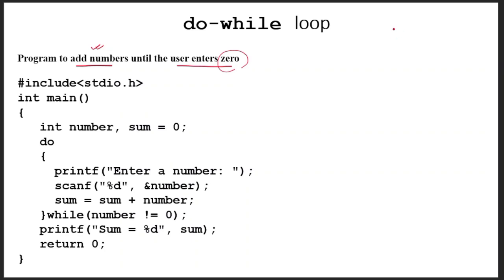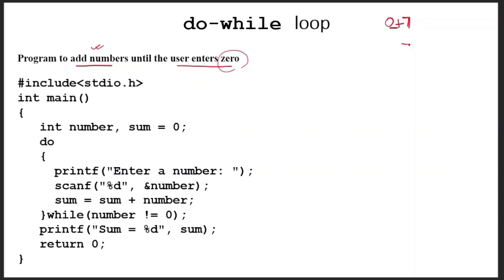That means it will ask you a number and you enter 7. Suppose user enters number 7. So okay, it will add 7 to 0 to get 7, if you have initialized a variable sum is equal to 0, then 7 will be added to it.